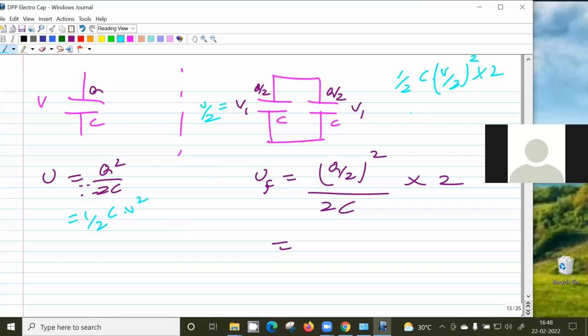So this also gives me the answer. Half C V square, so again, it goes down by half.